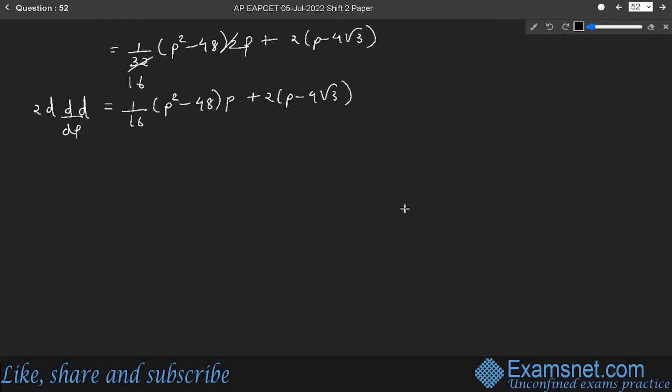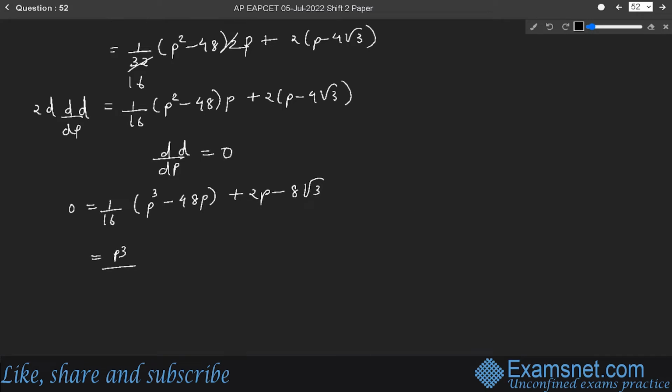Now for finding the distance, d/dp of d will be equal to 0. So it becomes 0 = 1/16 [p³ − 48p + 2p − 8√3], which equals p³/16 − 48p/16 + 2p − 8√3, which is p³/16 − 3p + 2p − 8√3.